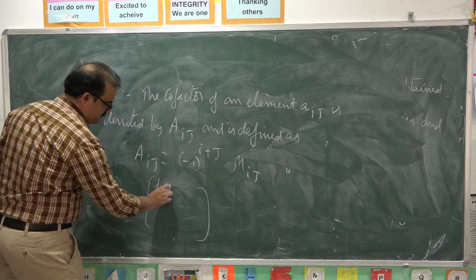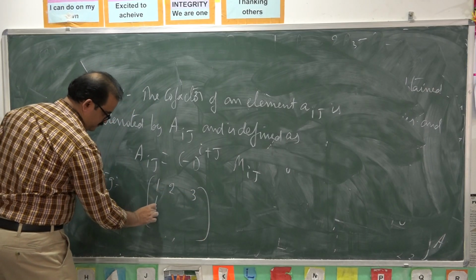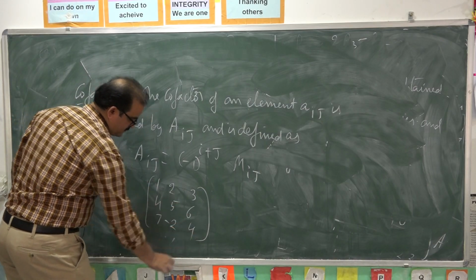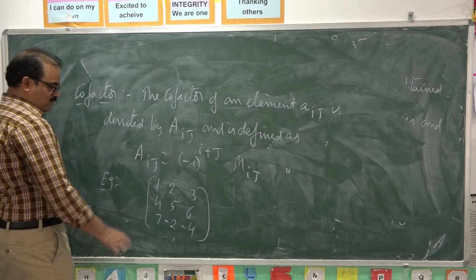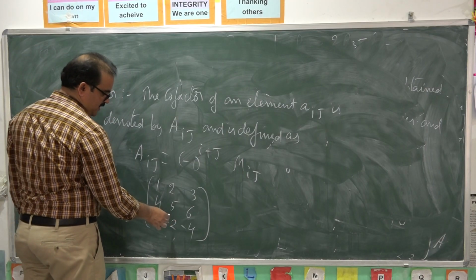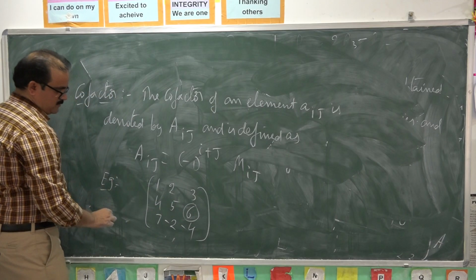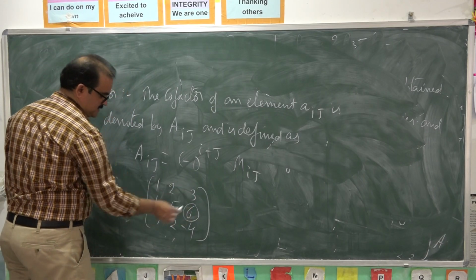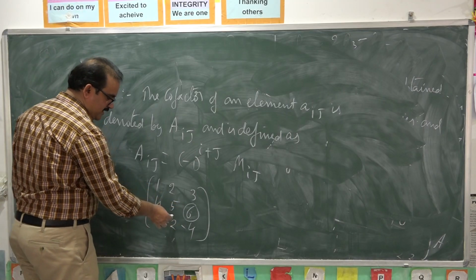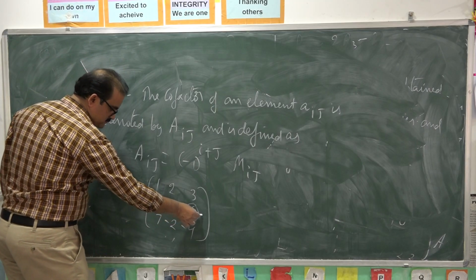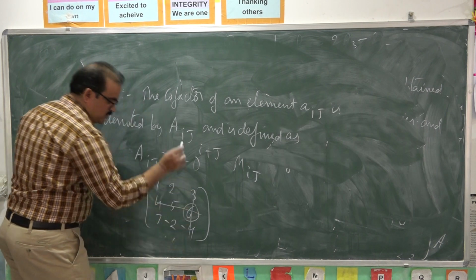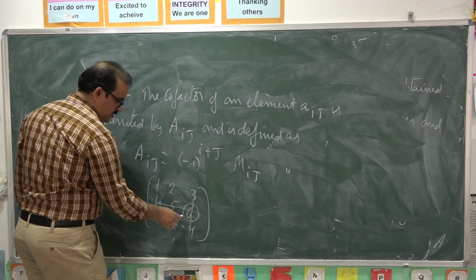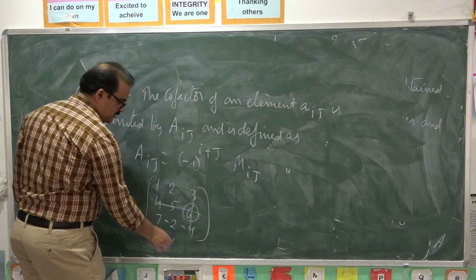You take the same example 1, 2, 3, 4, 5, 6. If you want to find the cofactor of the element 6, first you find the minor of that element 6. Minor of that element is obtained by deleting the row and column where that element lies. This element lies in the second row and third column. So you delete the second row and third column.